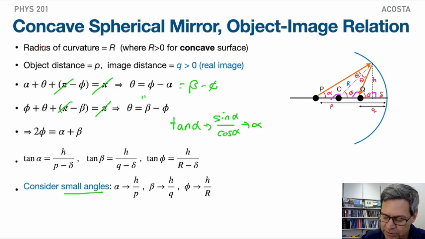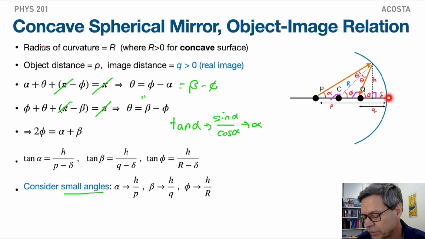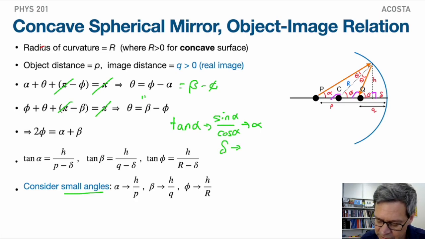The other consequence is this distance delta here, the extra amount from the vertex of the mirror to where we're measuring this perpendicular side of the triangle. That distance is going to go to 0. So when we take small angles, delta is also going to become very small.